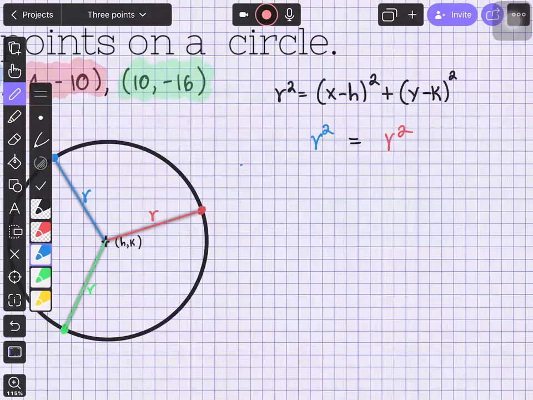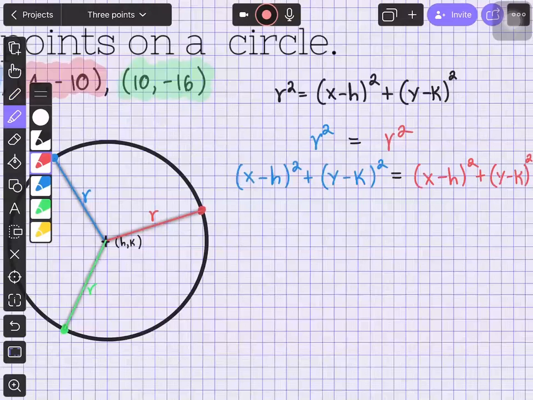So if we use the formula, x minus h squared plus y minus k squared equals x minus h squared plus y minus k squared, this is the blue radius, in the same way that this is the red radius.